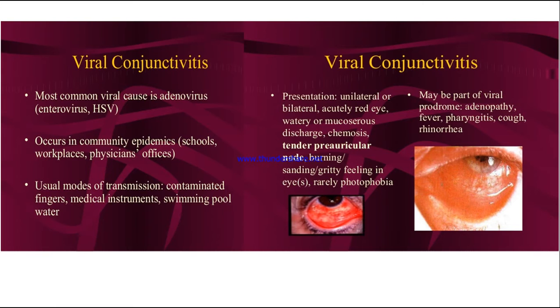The sensitivity to light will be very rare. It may be part of a viral prodrome, that is adenopathy. The patient will also have fever, laryngitis, cough, and rhinorrhea. These are some of the signs and symptoms of viral conjunctivitis.